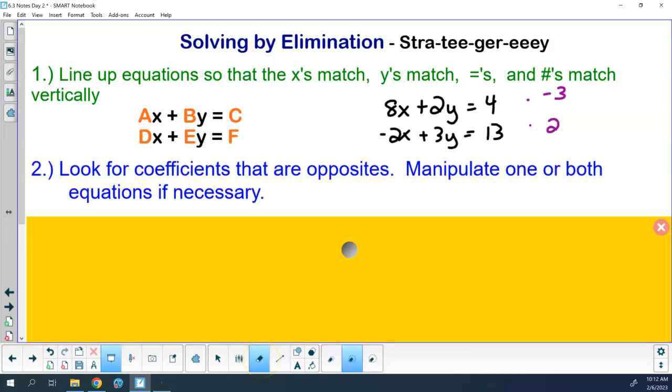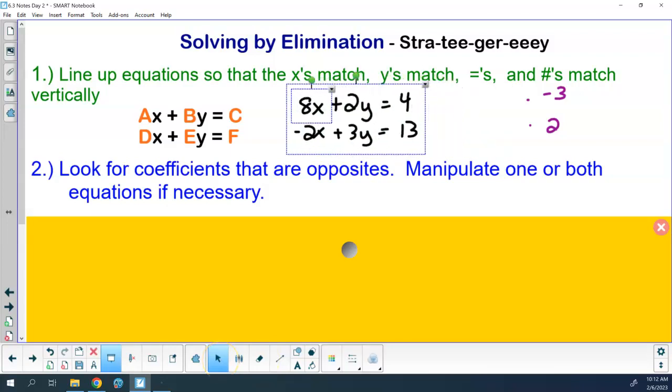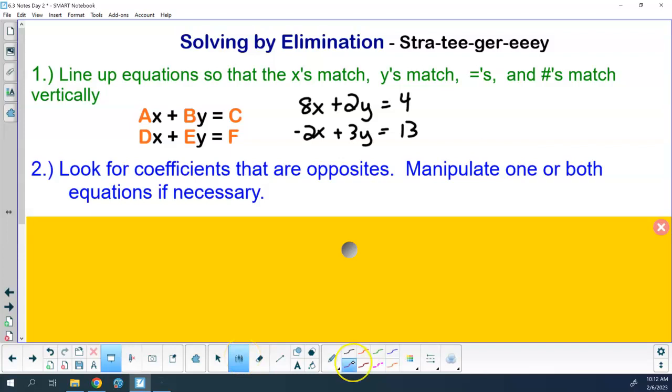So let's go back here. You chose to eliminate y. So we are going to multiply the top equation by negative 3 and the bottom equation by 2, or the top equation by 3 and the bottom equation by negative 2. Doesn't matter to me. But we're going to multiply every single term by that.